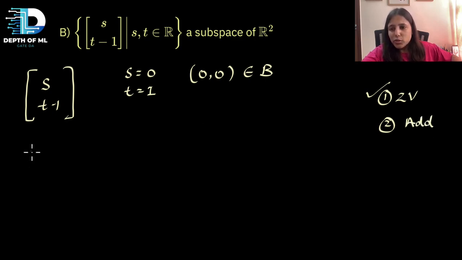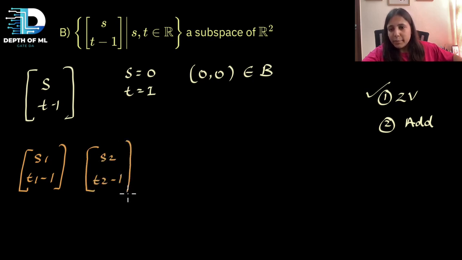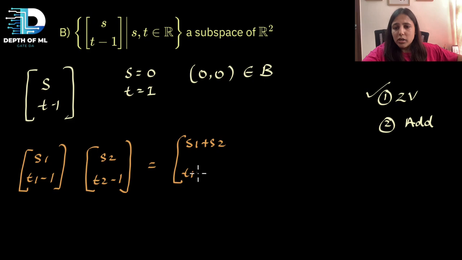So here I'll assume that I have two vectors (S1, T1 minus 1) and (S2, T2 minus 1). Let me add them up and see. I'll get (S1 plus S2, T1 plus T2 minus 1 minus 1).